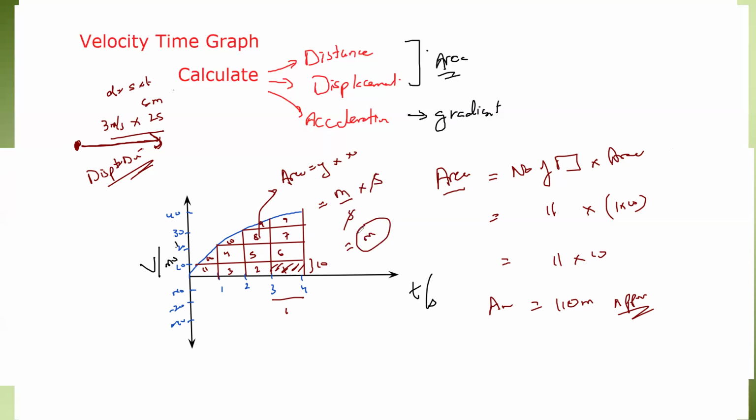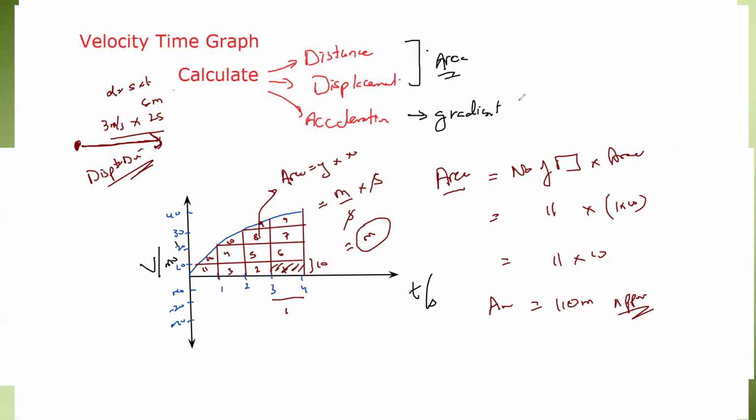That's why the area of this graph is giving us a parameter of length, which is meter, and length can be distance or a displacement. The only difference between them is the direction. In case of a distance, we only bother about the magnitude. But when we talk about the direction, we call that a displacement. Is it clear? Yes, thank you.